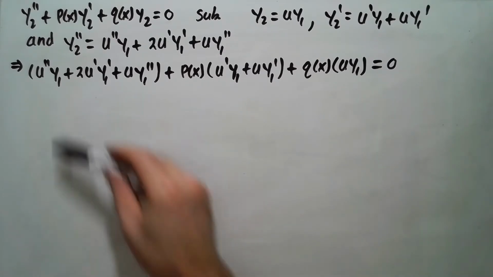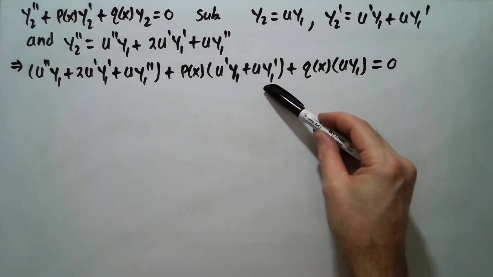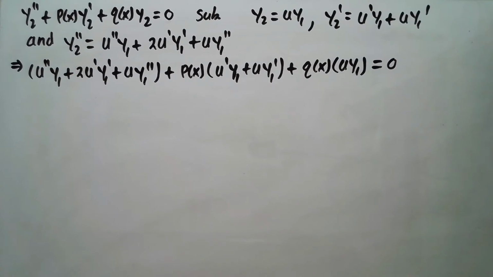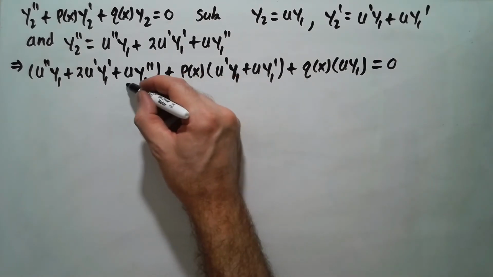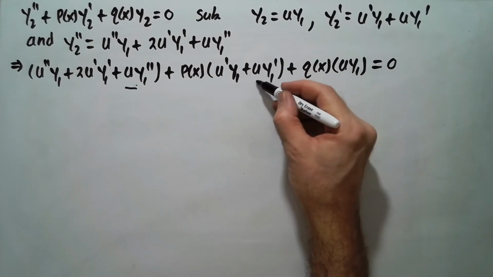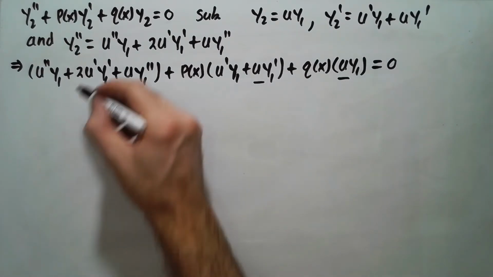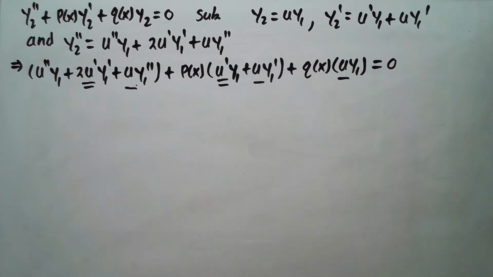Okay, so again, this is my y2 double prime here, this is my y2 prime here, and this is my y2 here. Now I'm going to combine all the u terms. So there's a u term here, here, and here. And we have a u prime term here, and here.